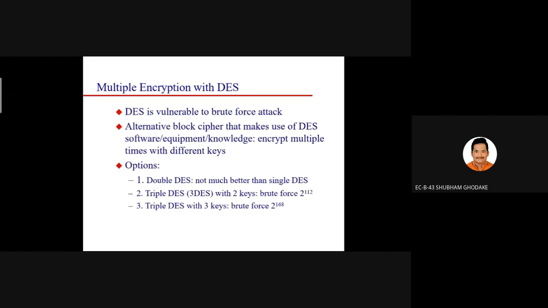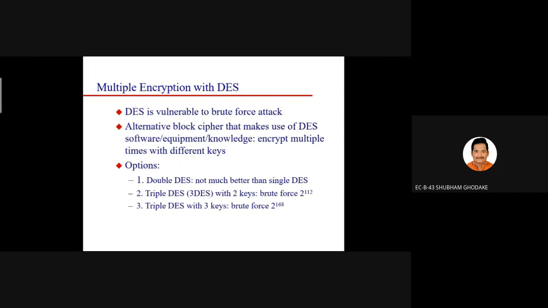Along with this DES algorithm, we can use multiple encryption with DES. For multiple encryption we have multiple options: double DES, triple DES with two keys, or triple DES with three keys. In single DES we use a 64-bit key.